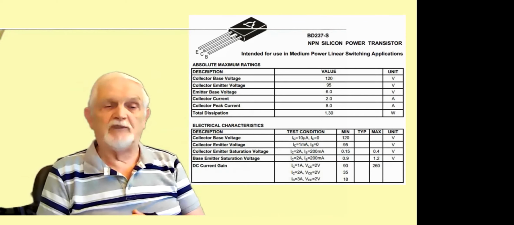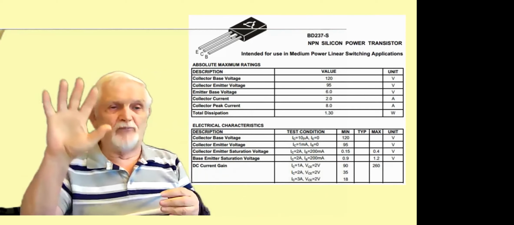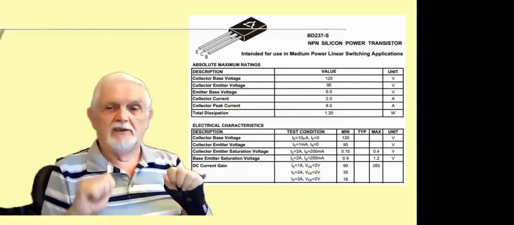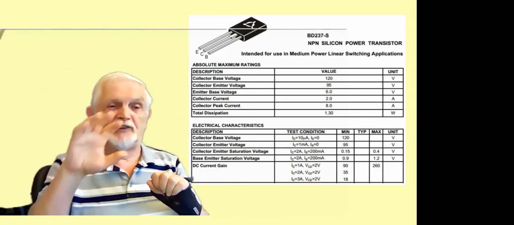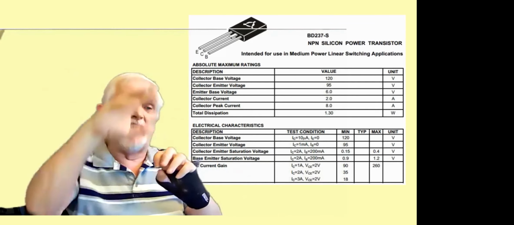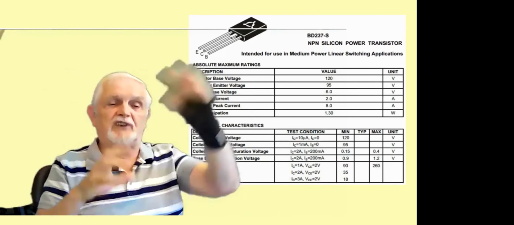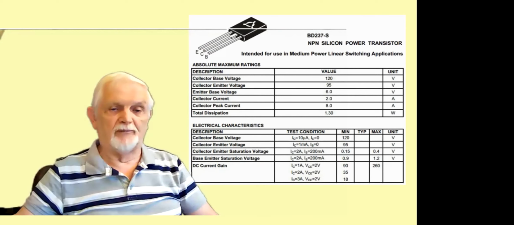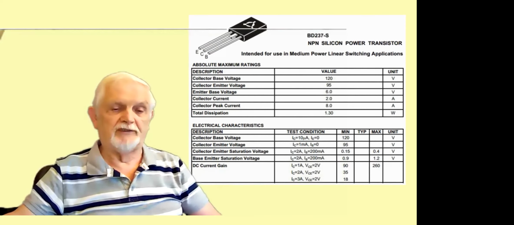That's why you'll sometimes see a high power transistor being actually driven by a smaller transistor. So the low current drives a small transistor, which can then drive a higher current into this one, which can then drive an even higher current. So you can tandem them up. You'll find them in pairs.